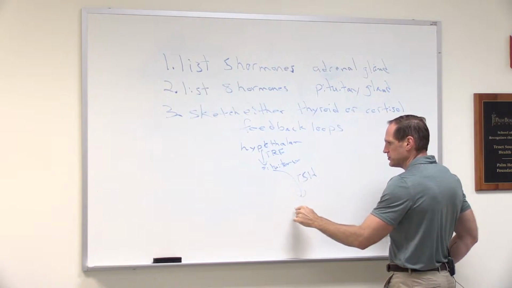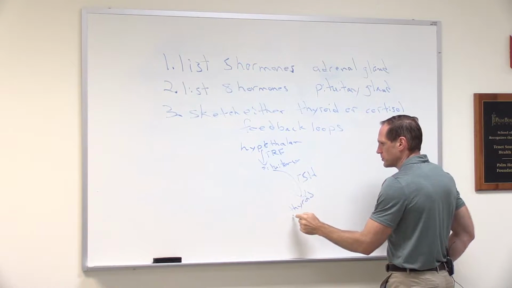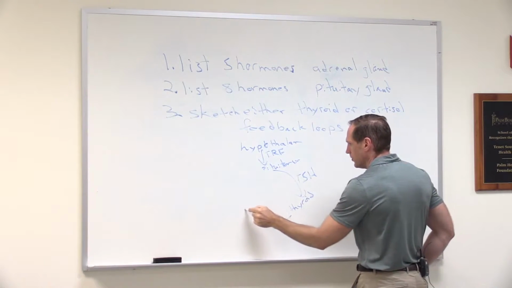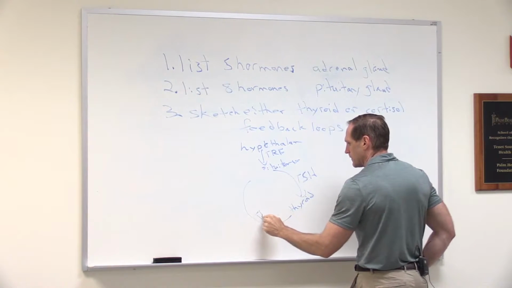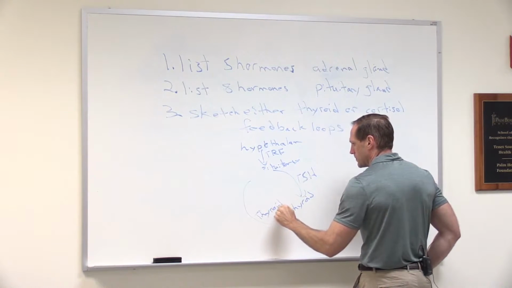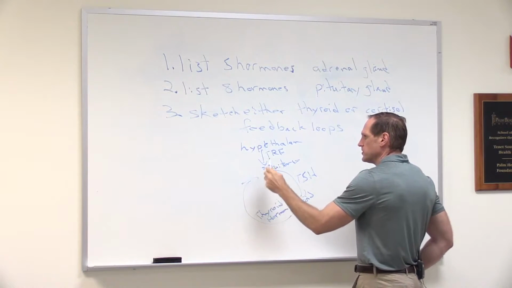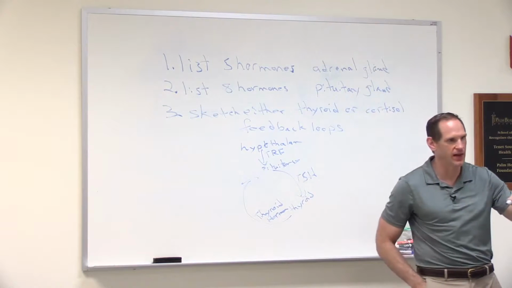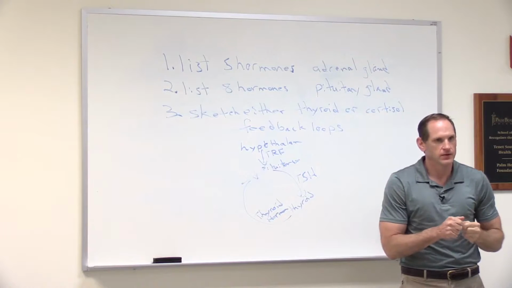TSH is going to travel to your thyroid, which is going to release thyroid hormone. Which in turn is going to go back up to the pituitary gland and suppress the amount of TSH.